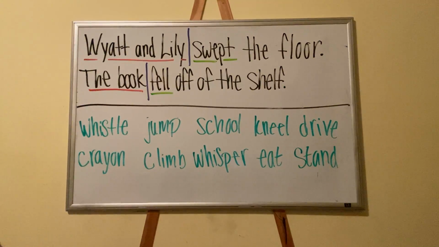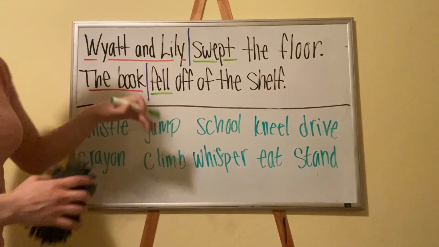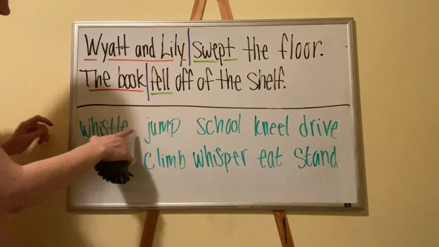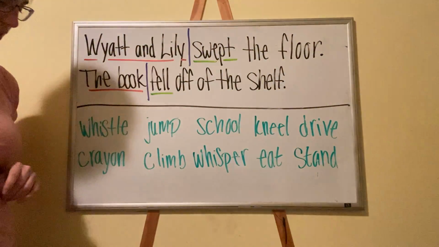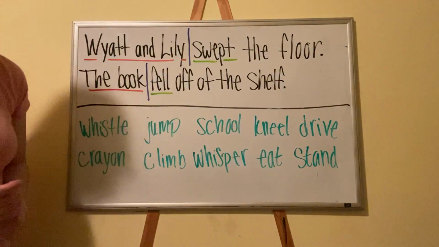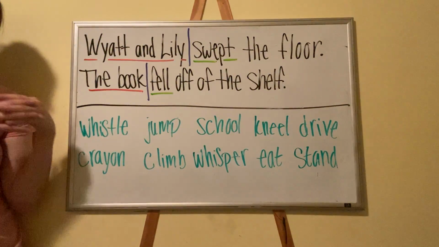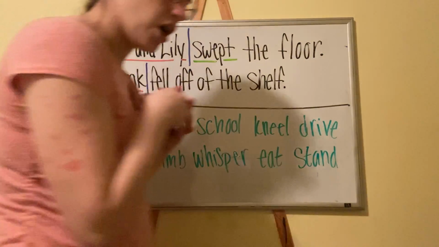So take a look now. I'm going to go ahead and leave that. Look at these words here. I've got 10 words. Some of these are verbs and some of these are not.